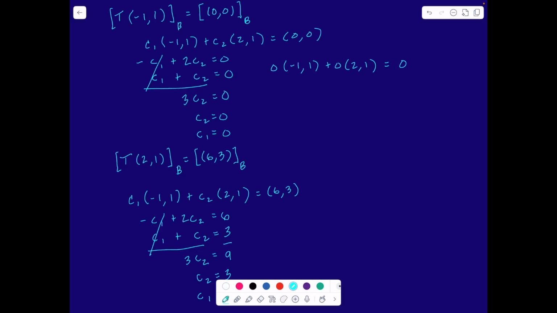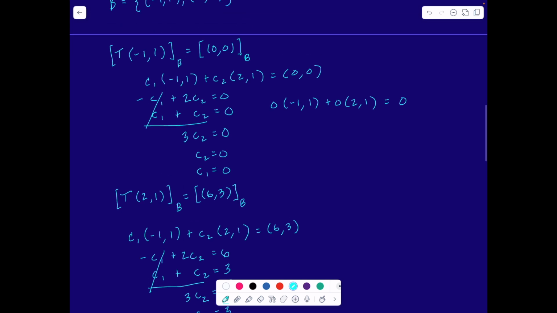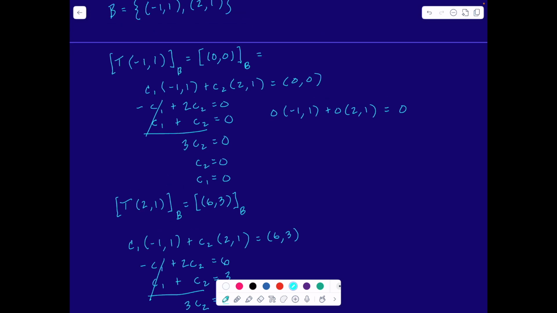And if you recall, the output you get is going to be these CIs. So we could say that this is equal to (0, 0).